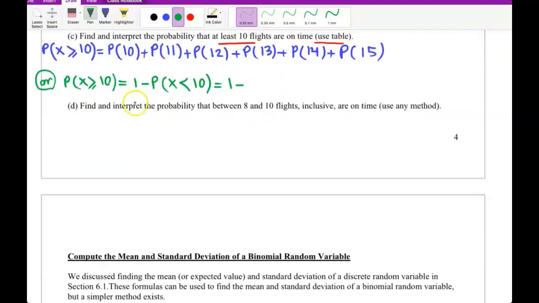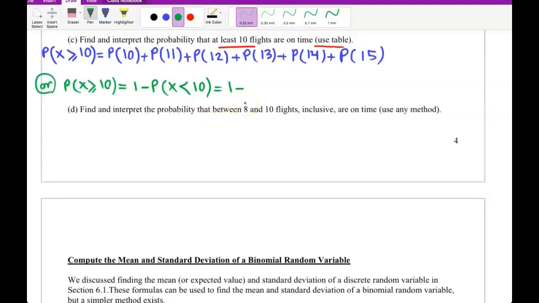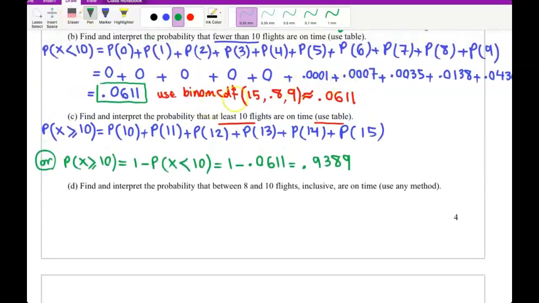We can use that one to find the answer for part C. So it's 0.0611, and the answer is 0.9389. So either one works. So for this one, again, exactly same as the previous one, using table, we need to find probability of 10, 11, 12, 13, 14, 15.